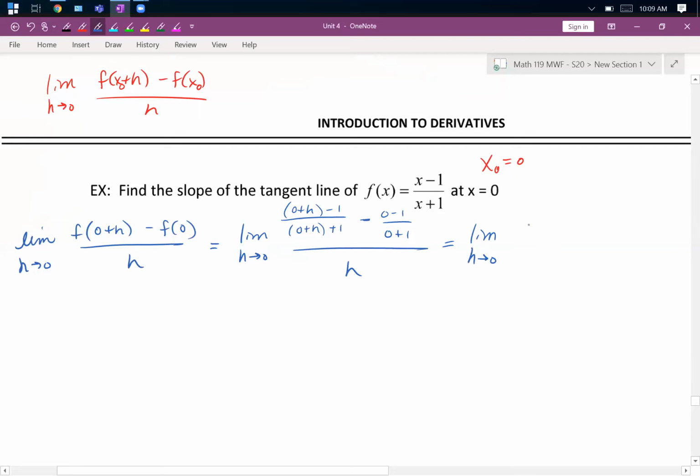This is h minus 1 over h plus 1. So we're going to have minus a negative 1, so that becomes plus 1, all over h. What should we do next? Because it's easy to get caught up in the algebra or forget what the algebra move is.